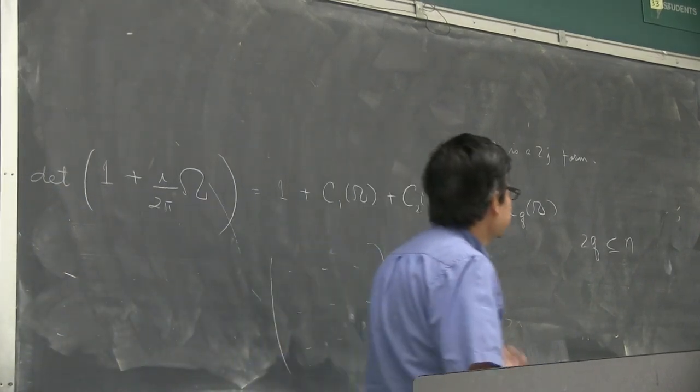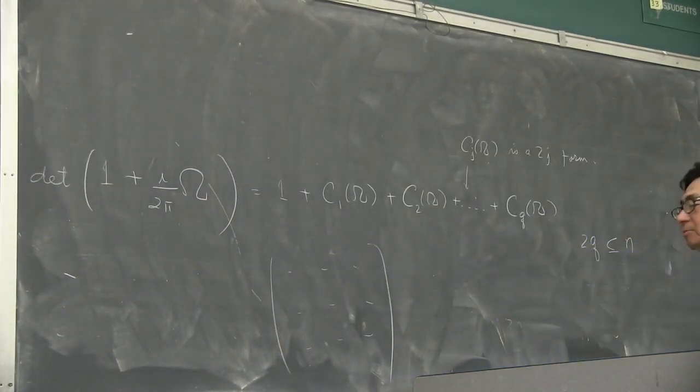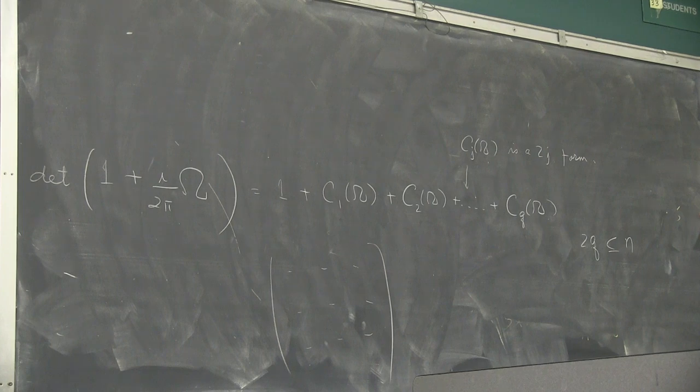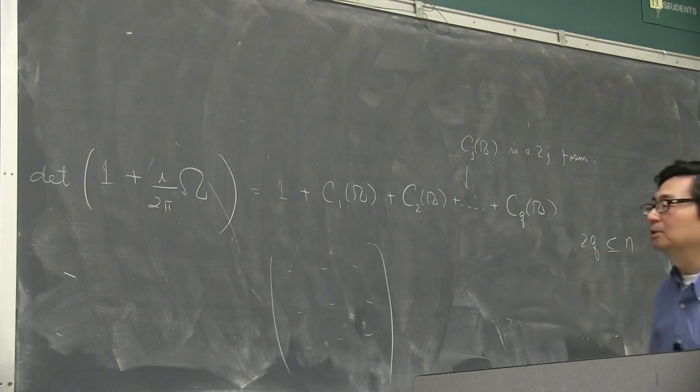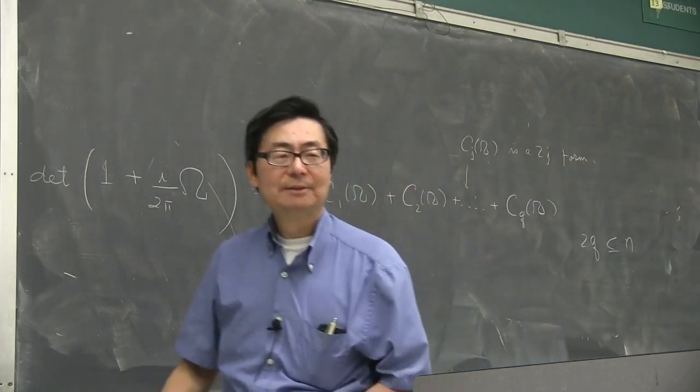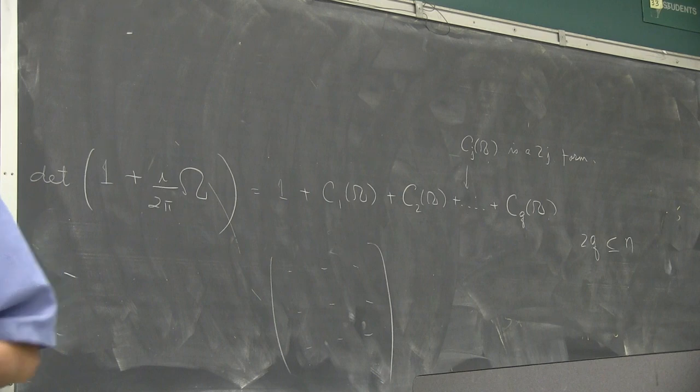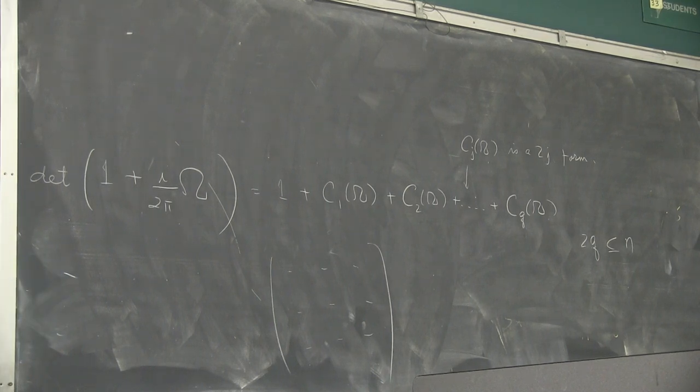Whichever way you think about it, the important thing is that the series has to terminate, at least when you're dealing with finite dimensional base spaces, which we usually deal with, okay? The sequence must terminate.